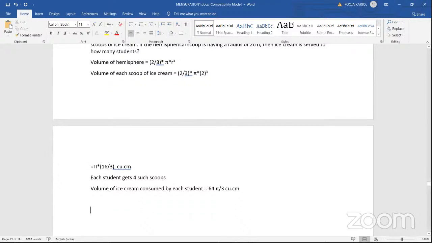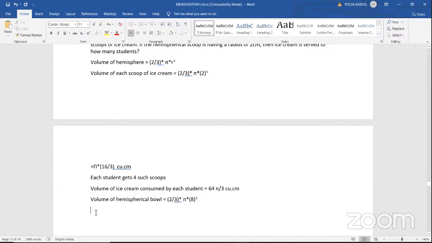Now find the volume of the hemispherical bowl. The diameter of the bowl is 16 centimeter, the bigger one. The radius will be 8.